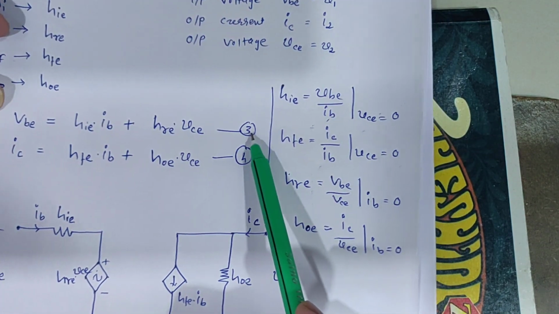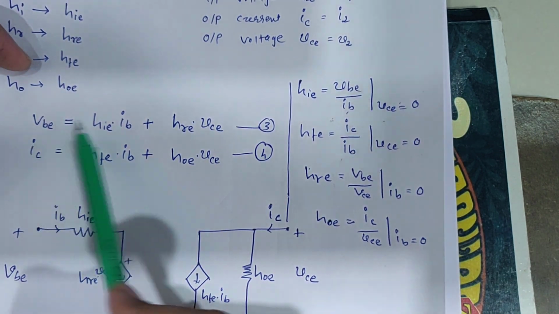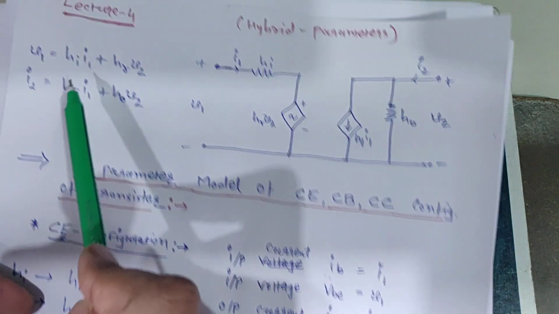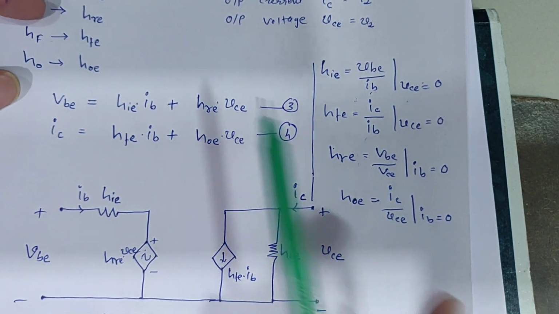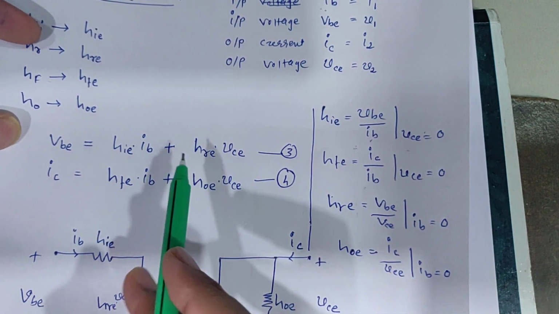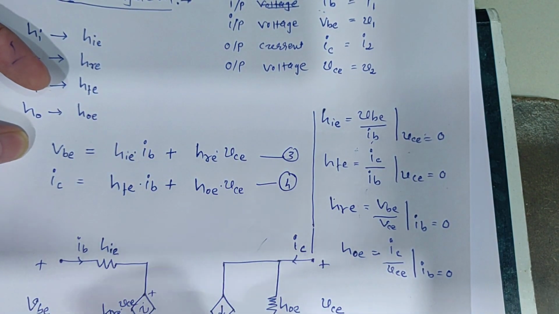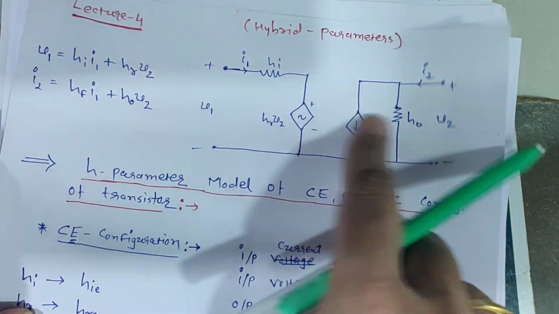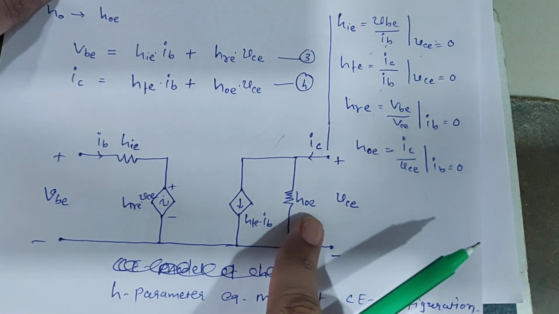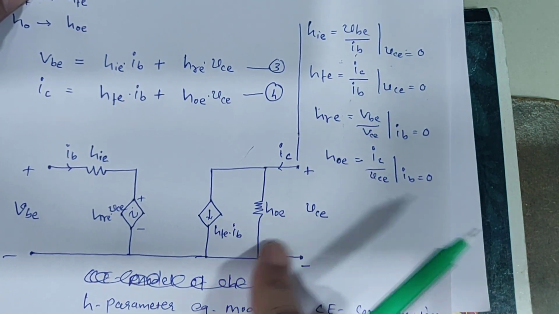So we will obtain equation number 3 and 4, which are equivalent to the earlier equations but for common emitter configuration. As we have drawn this circuit from equations 3 and 4 in the transistor model, a similar circuit we have to draw, but the parameter names will change.